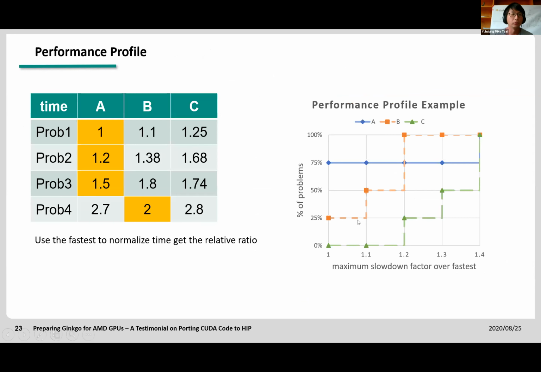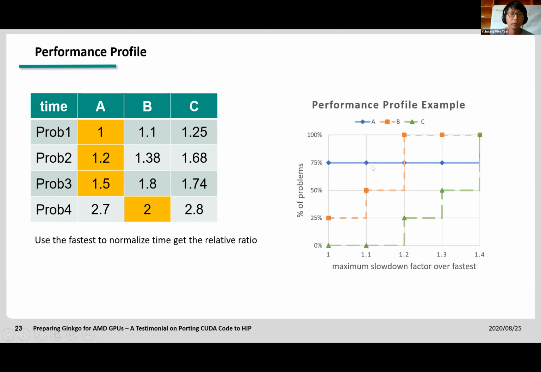Before that, I'll introduce the performance profile we use in the analysis. This is just a quick example: 4 problems with 3 implementations. Given this table, we can get the performance profile.